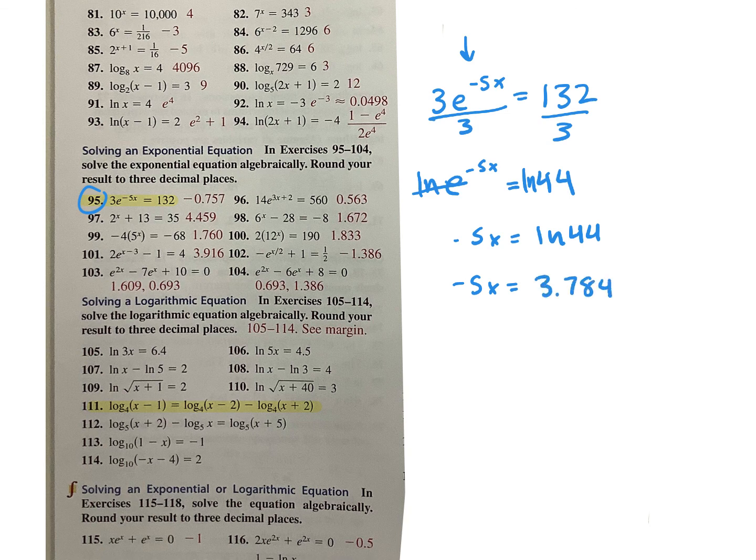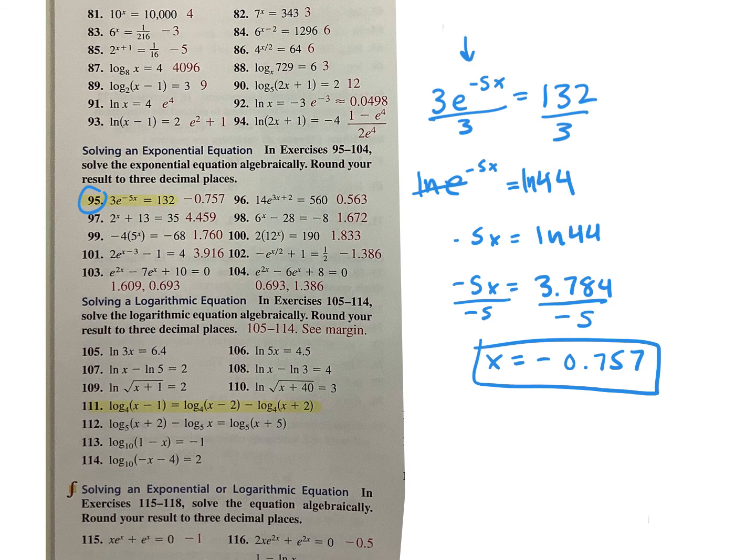I would suggest keeping it in your calculator to do the rest of the math, just so your answer is as exact as possible. So then just divide both sides by negative 5. So x is equal to negative 0.7568, which the 8 would make the 6 round to a 7, so 0.757.